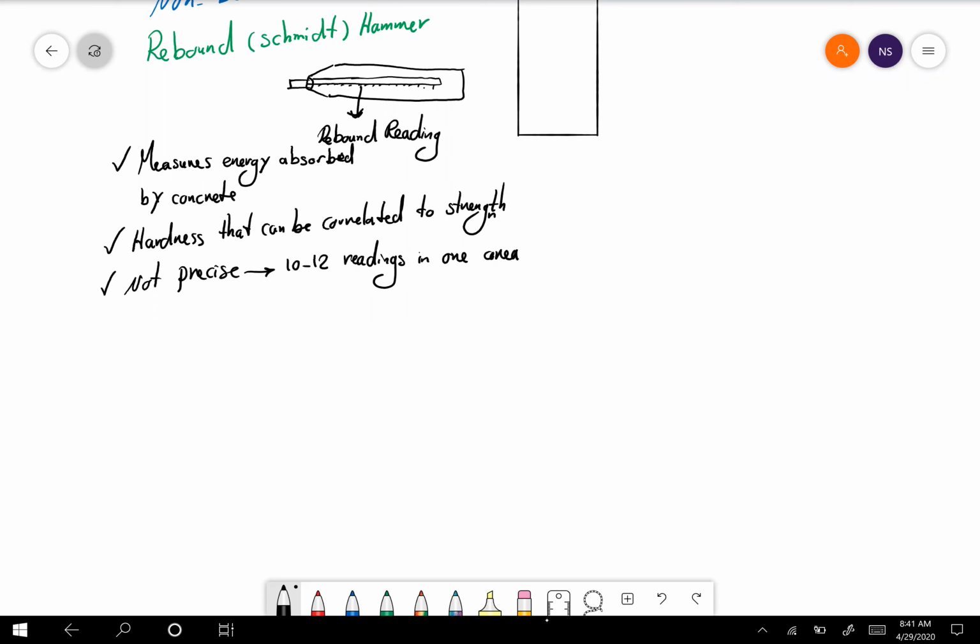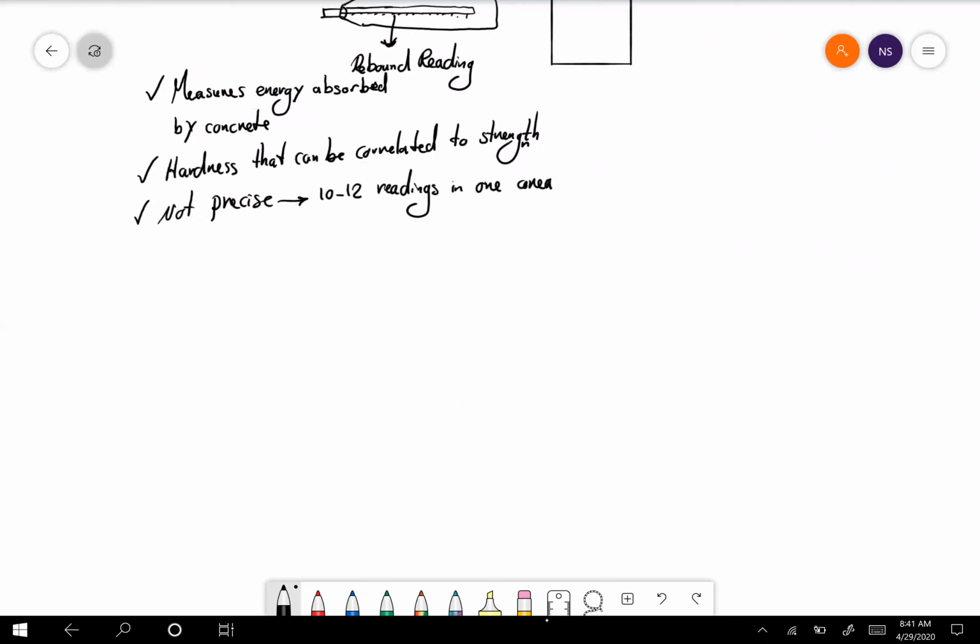And then there is another device that's called the Windsor probe, and that's slightly destructive. I'm going to post a picture of the device here. That's measuring the resistance of the concrete to penetration of a device.